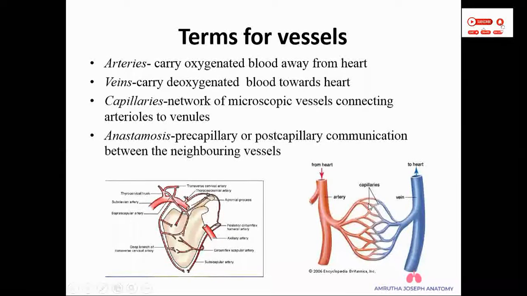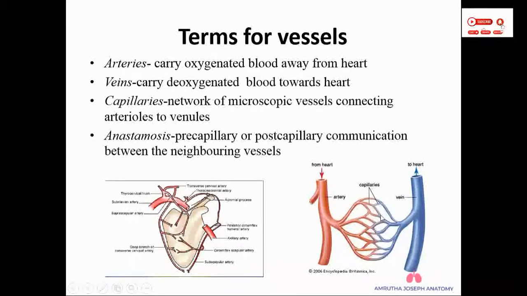These again combine to form venules, and the venules together form veins. So: artery, arterioles, capillaries, then venules, vein. Veins will take the blood towards the heart. Capillaries are the microscopic vessels connecting arterioles to venules.